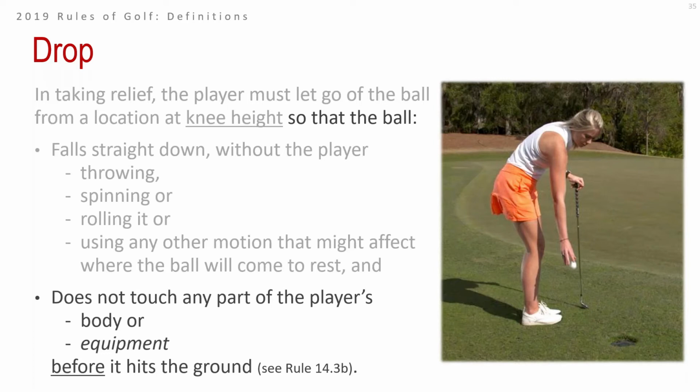And why that's underlined there is that if the ball were to strike the player or the equipment after it strikes the ground and it still comes to rest within the relief area, it's going to be okay. But if it strikes the player or equipment before it hits the ground, then it's going to require us to drop that ball again.